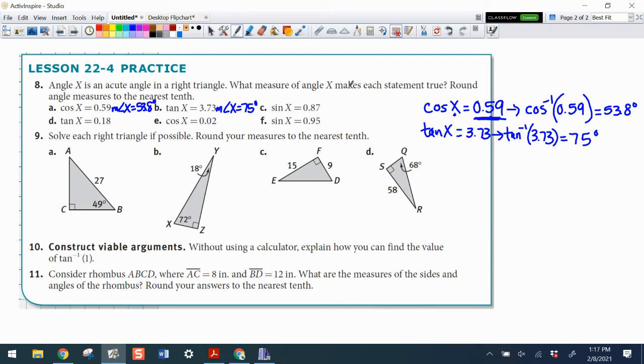So on item C, we are told that the sine of x is 0.87. So therefore, the inverse sine of 0.87 should be the measure of angle x. So I'm actually going to take this opportunity now and show just those that are using Desmos how to, again, use the inverse function on Desmos. So we're going to take the sine inverse of 0.87.